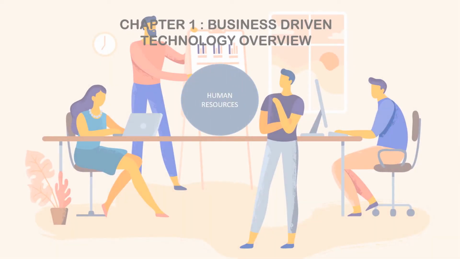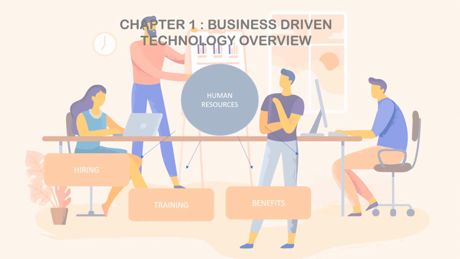Go to the last subtopic of Chapter 1, which is human resources. In human resources, they have four sections: hiring, training, benefits, and payroll. So that's the end of Chapter 1.